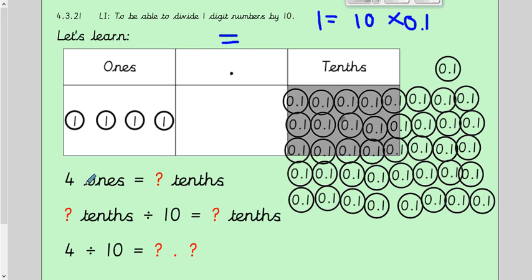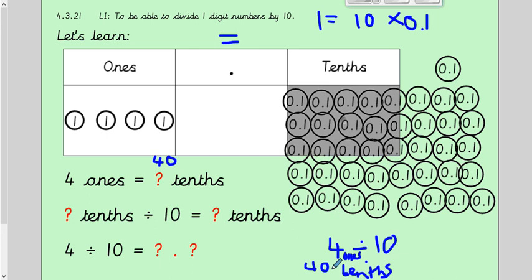So 4 ones is the same or equivalent as 40 tenths. Now, if we know these are the same, rather than doing 4 divided by 10, we could do 40 tenths divided by 10, because they are the same, okay?